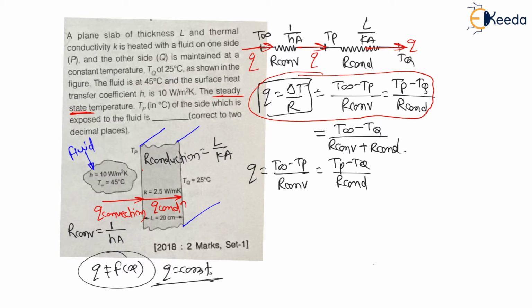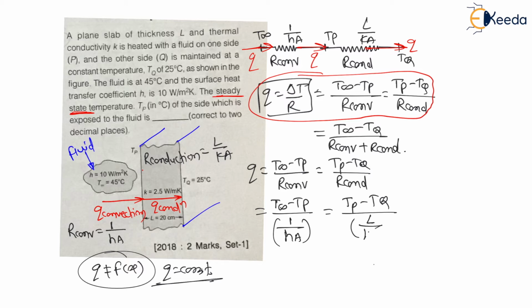Therefore, let us equate them. T infinity is given as 45 degrees Celsius. Let us put the values. T infinity minus Tp divided by R convection, which is 1 upon HA, is equal to Tp, which is unknown, minus Tq divided by R conduction, which is L divided by KA.